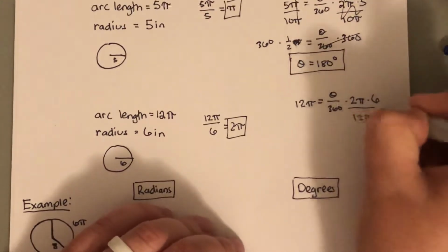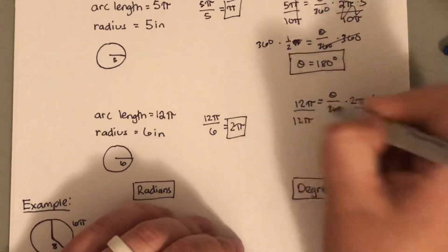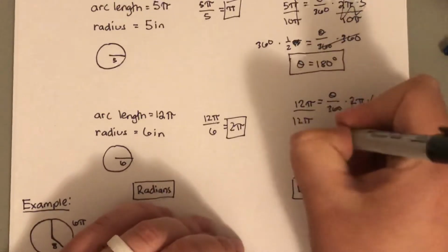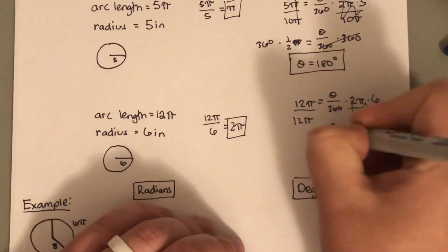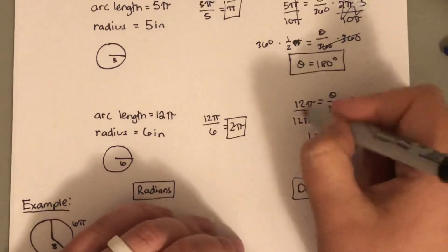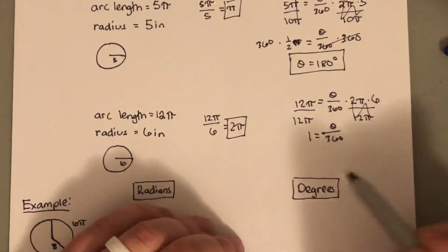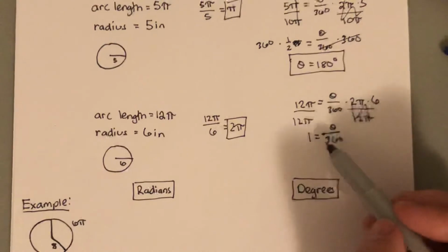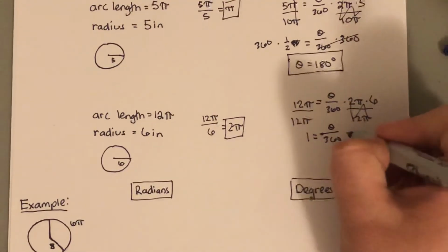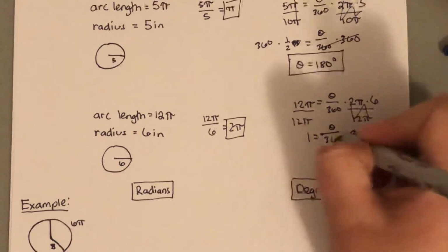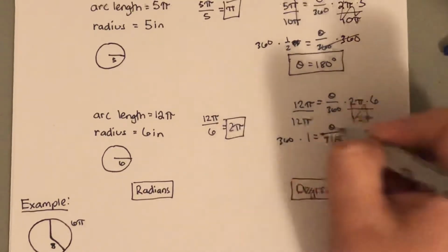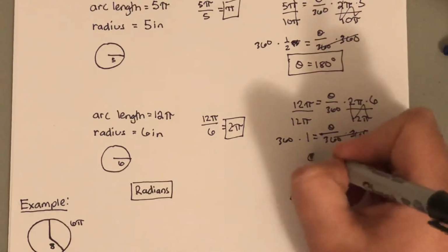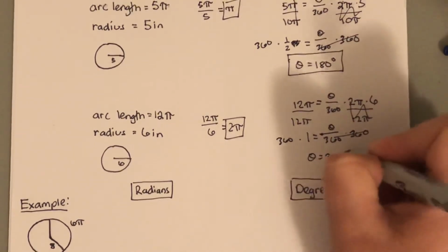You divide that side by 12 pi and that side by 12 pi. That all cancels out. So you have 1, because 12 over 12 is 1, and the pi's cancel out also. So 1 equals theta over 360. Multiply both sides by 360, and you get that theta equals 360 degrees.